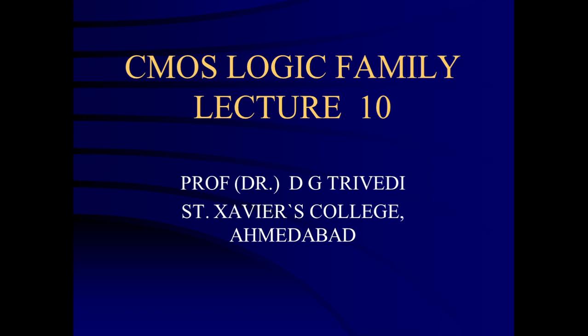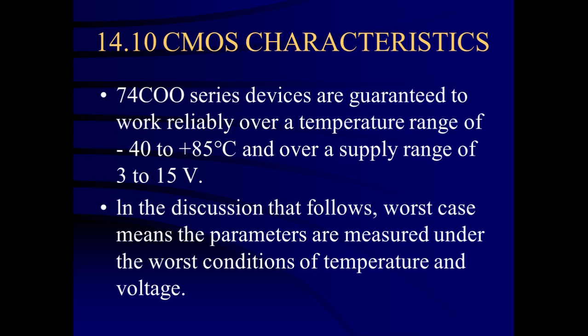And in power dissipation also we have studied the static power dissipation as well as the active power dissipation of CMOS devices and its limitation that CMOS devices cannot operate at higher frequency, otherwise the active power dissipation increases, and it will be comparable to the TTL. So these are the things we have studied about the CMOS devices.